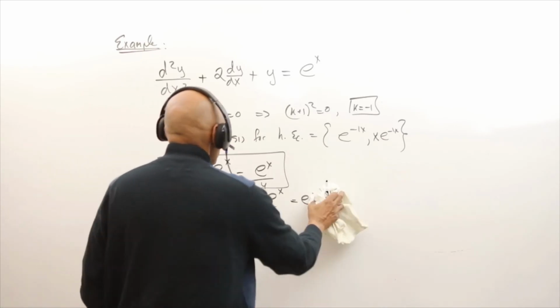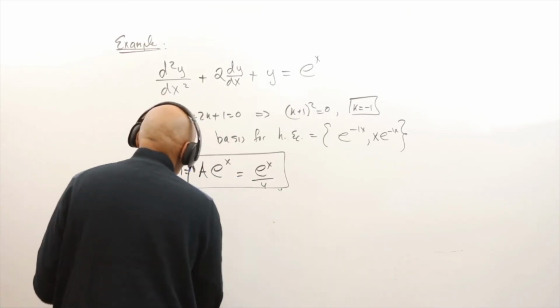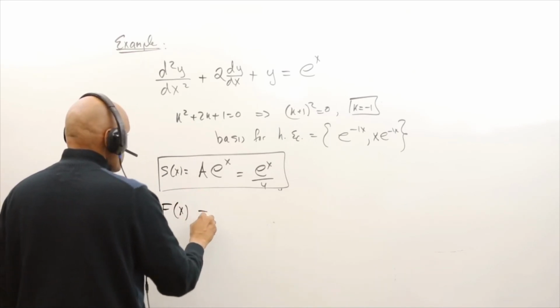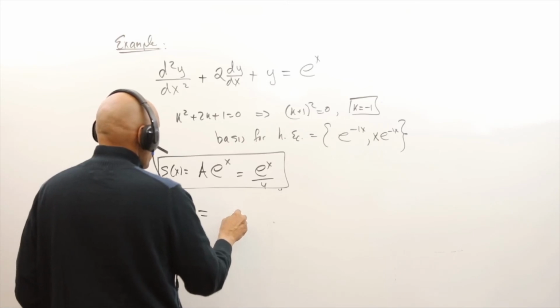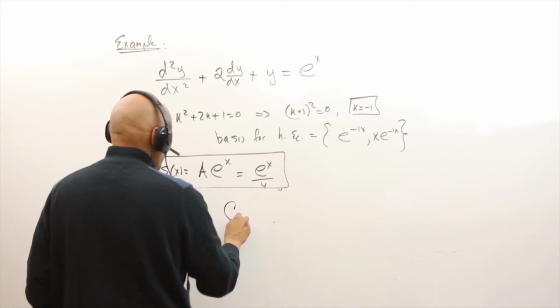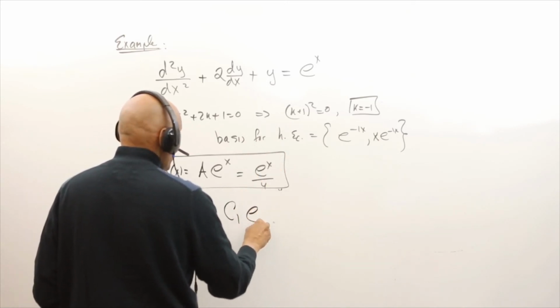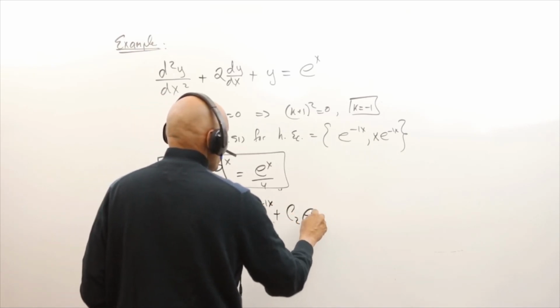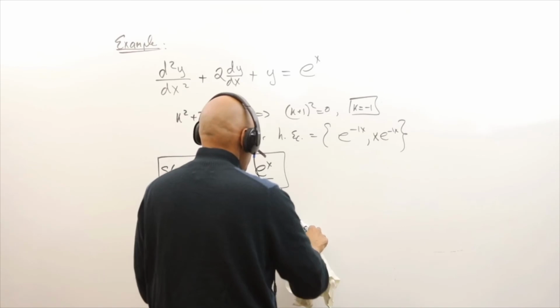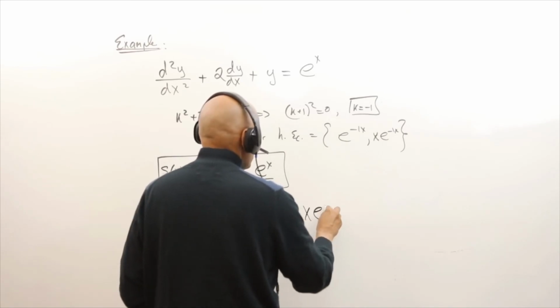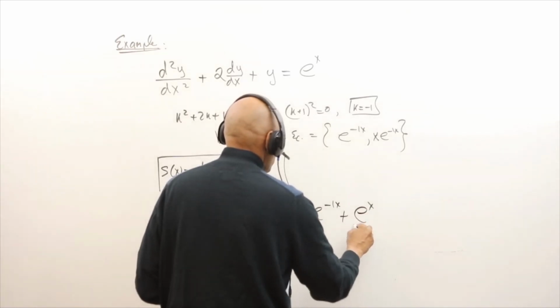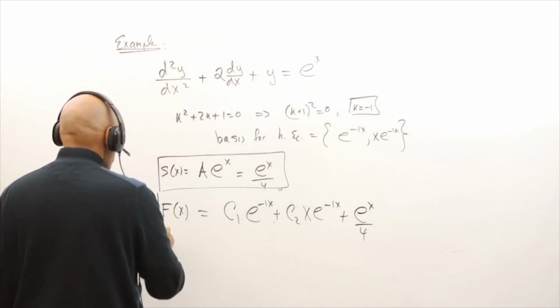So knowing this, we can write the full solution of the inhomogeneous case as the general solution, which is C1, some constant, e to the minus 1x plus C2 x e to the minus 1x, plus e to the x over 4. So this is our full solution.